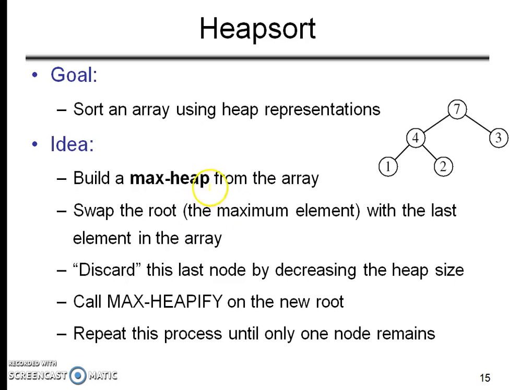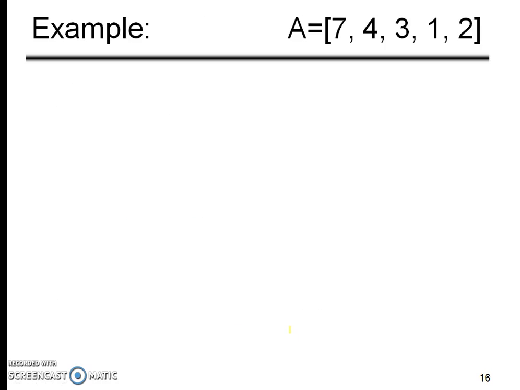And these steps are used in heap sort. First build a maximum heap, then swap the root element with the last element in the array, discard the last node by decreasing the heap size, and call max heapify on the new root node. Repeat this process until only one node remains.